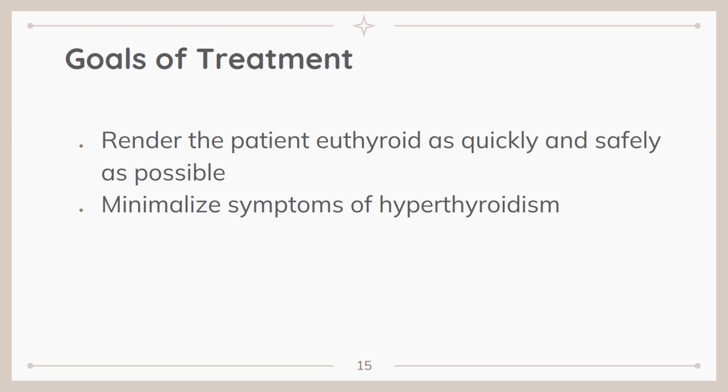However, hypothyroidism tends to be easier to treat and causes fewer long-term health problems compared to hyperthyroidism. So please just note that there is not one more dangerous than the other, but they are both very important to treat. Another goal would be minimizing symptoms of hyperthyroidism that we mentioned prior.